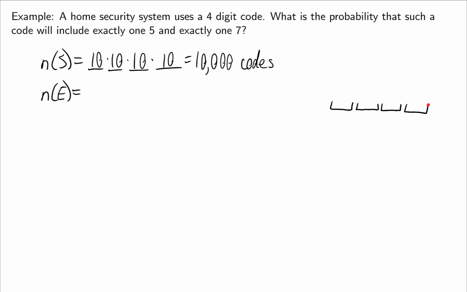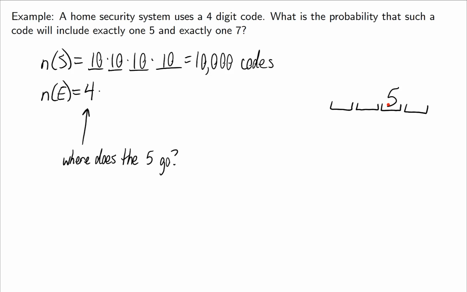How many choices do you have for the position of the 5? You could put it here, or here, or here, or here. There are 4 possibilities, and I'm going to label that. I'm going to choose to put the 5 in the 3rd blank, just for fun. It doesn't really matter where, but we did have 4 possibilities.